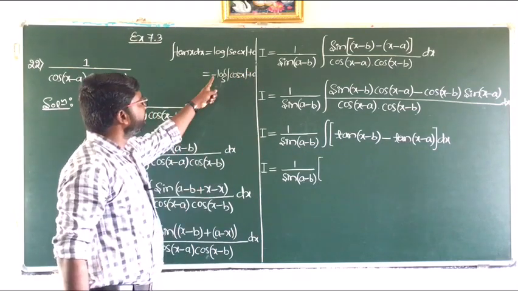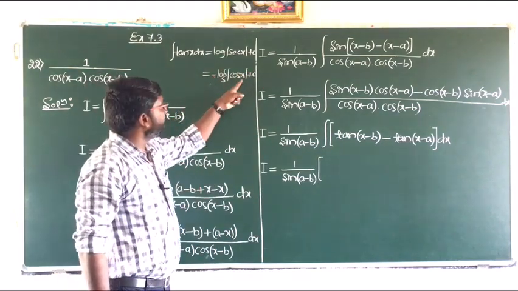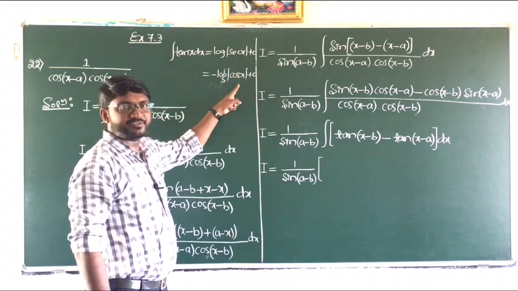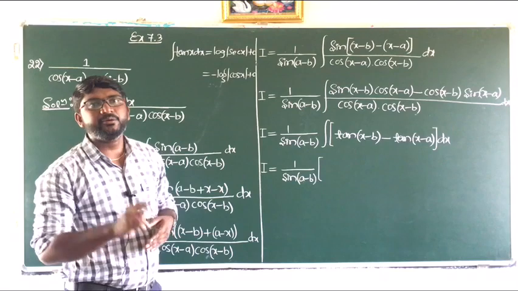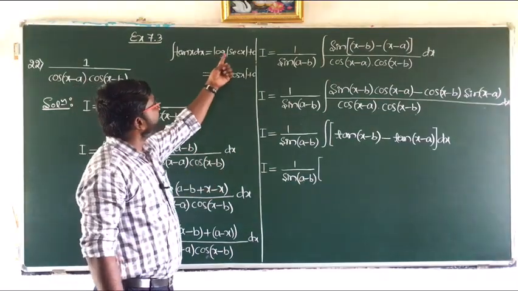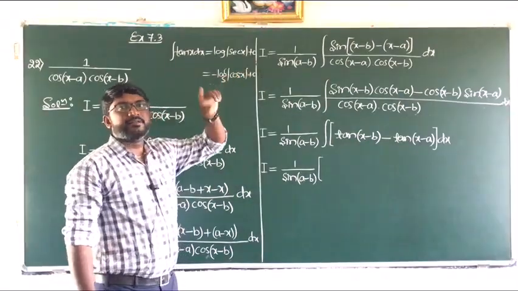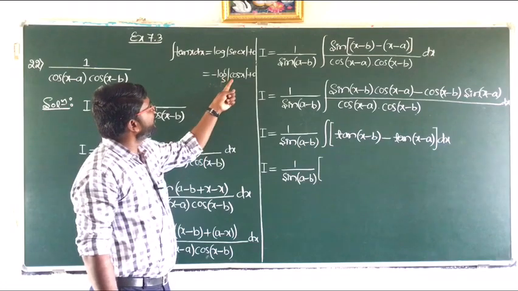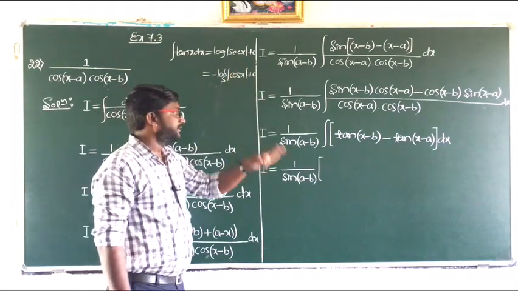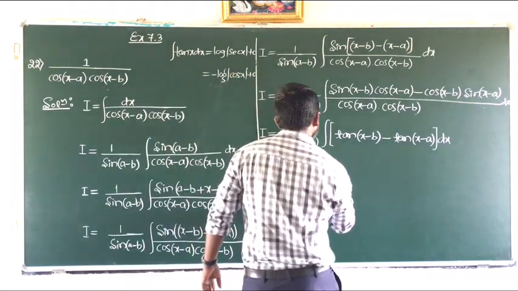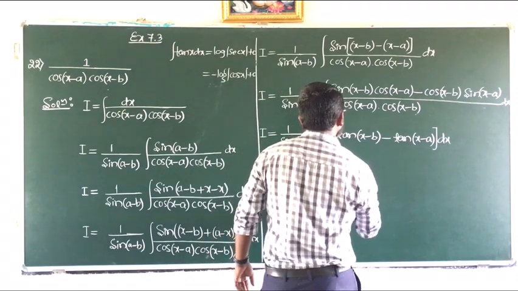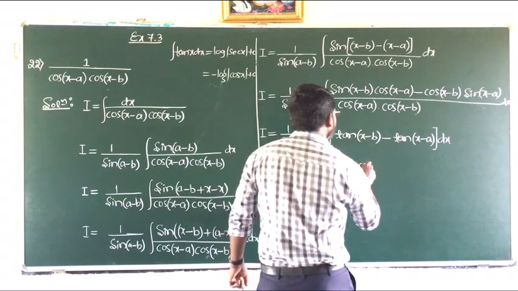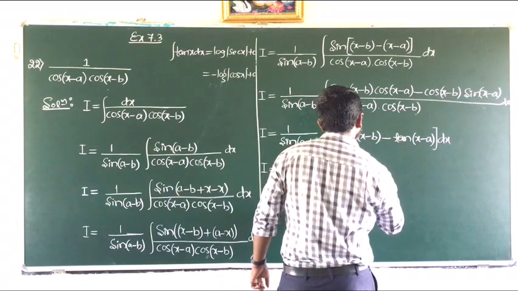If you remove this minus sign, we have to take the reciprocal. It becomes 1 by cos x. What is 1 by cos x? It is secant x. So for tan x we have two formulas. One is log mod secant x plus c. Another formula is minus log mod cos x plus c. That I am going to use now. Minus log mod cos x, where x is nothing but (x minus b).